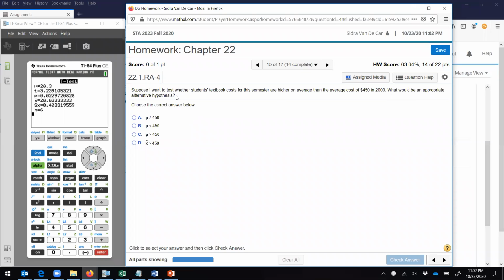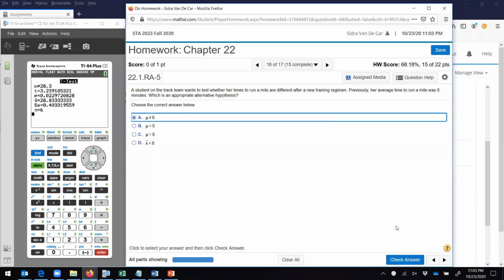What would be an appropriate hypothesis? Higher than would be bigger. A student on the track team wants to test whether her times to run a mile are different. So a does not equal would be different from 8.